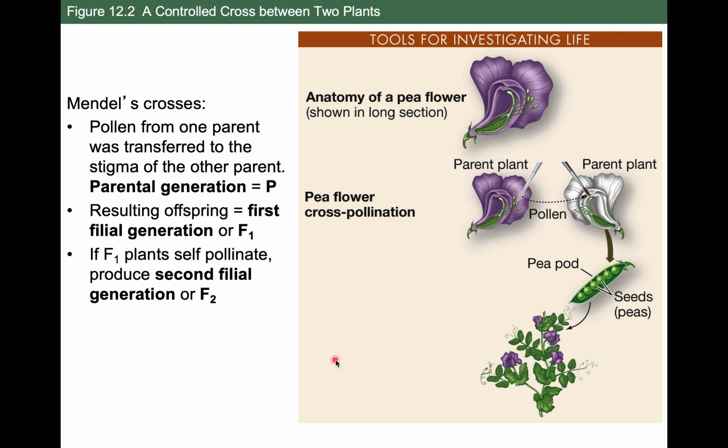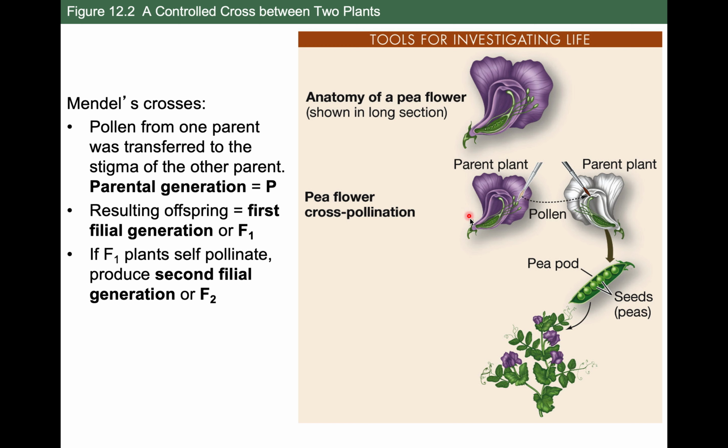And for all these 7 different traits, he kind of followed the same experimental outline, which was he found some of those true breeding parents with those 2 different traits for the one character. So, for example, if he's focusing on the flower color character to start with, right?